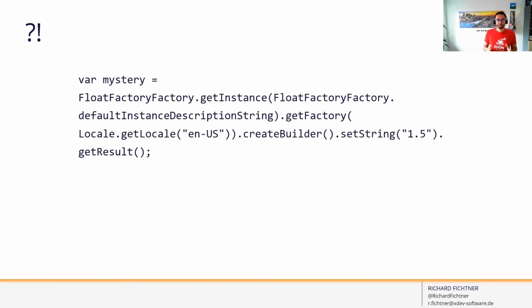Okay, another fun one, which is real code from an Oracle documentation. If you want to have fun, figure out what that is, and don't get distracted by the var. It's just there to show that this is an up-to-date slide deck that includes Java 10 features. So what could that be? Let that sink in for a moment.